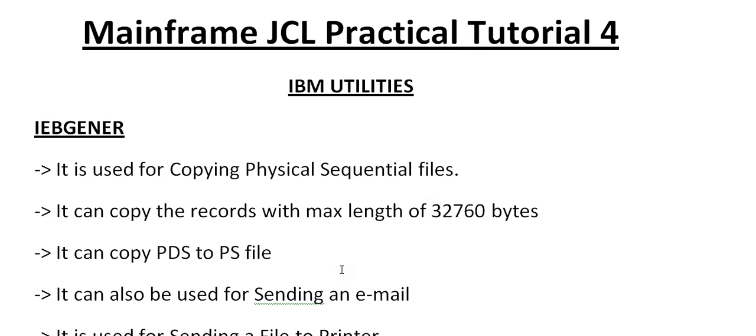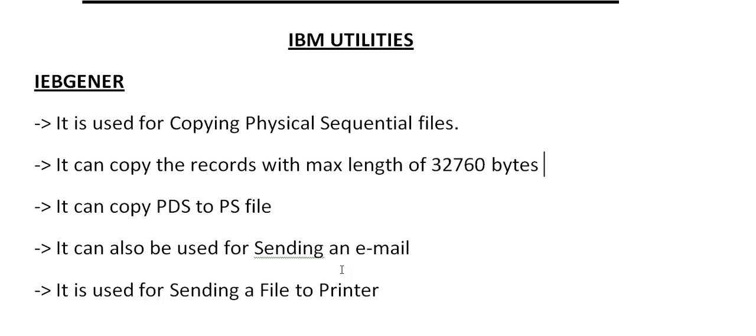It can copy PDS to PS file, and it can also be used for sending an email. This is very much used in real time. There will be a couple of reports that need to be sent to a customer or a client. On the mainframe, batch jobs run daily, and based on those batch jobs they send a notification to the clients stating that the batch has been started and this is the status, or there might be some reports that need to be sent to a customer.